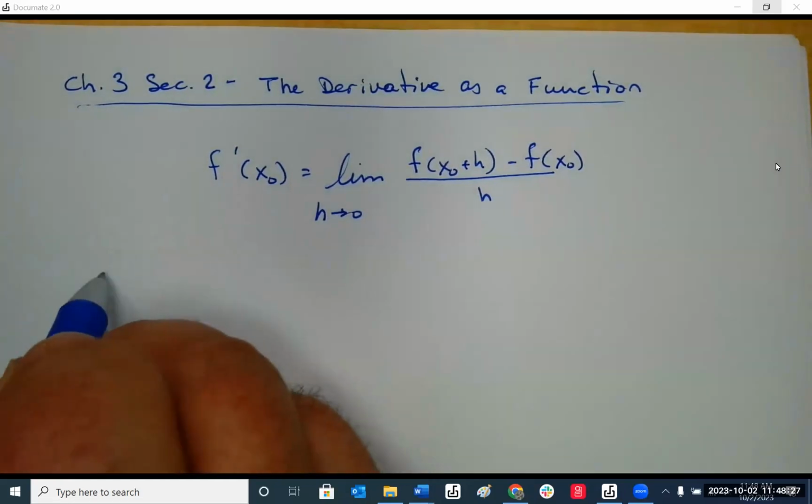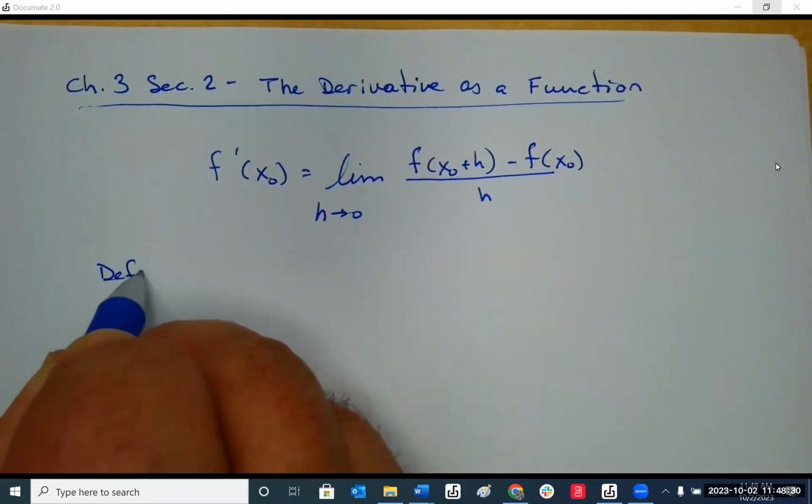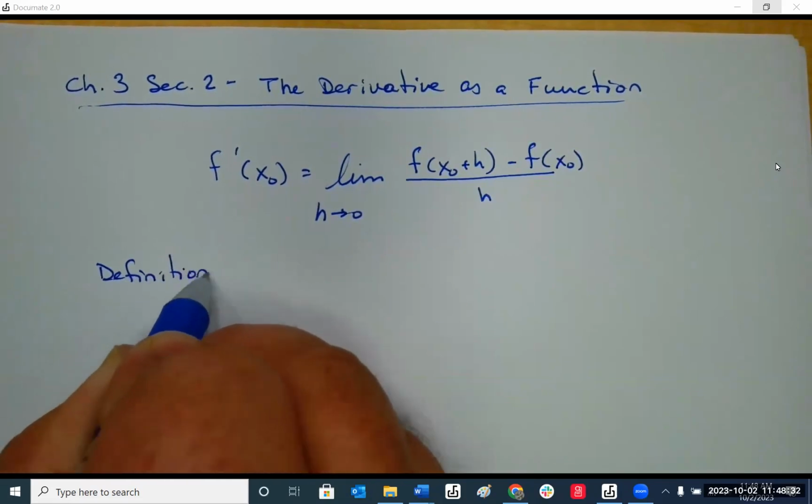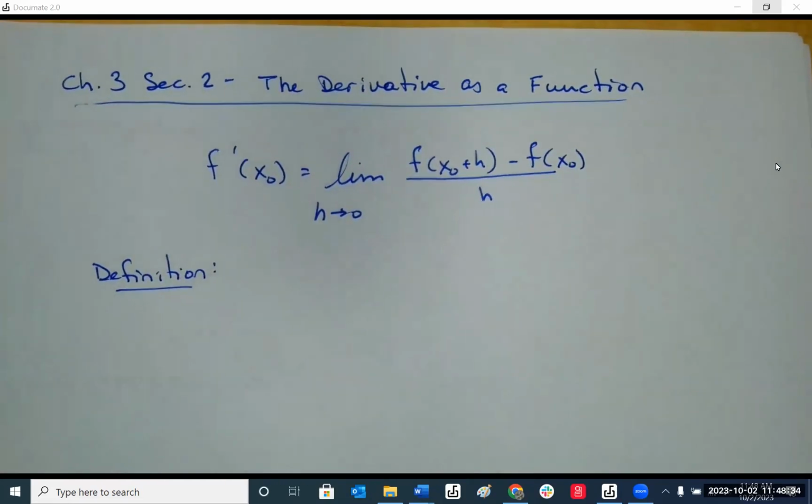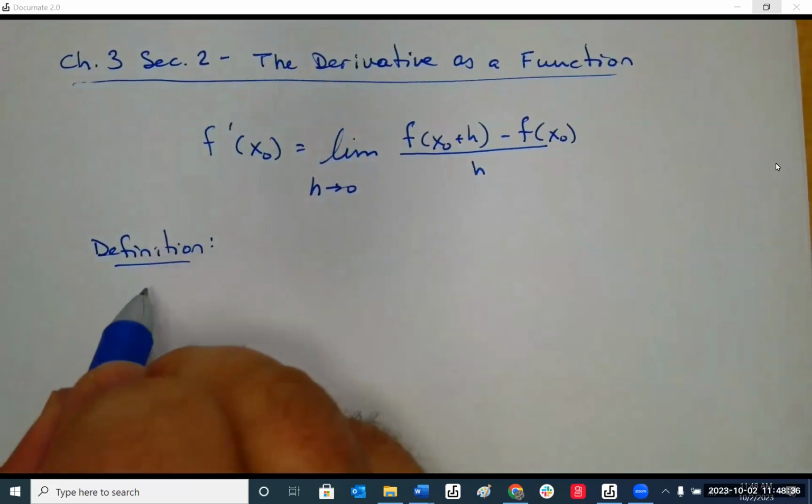So let's define the derivative. Definition of derivative.